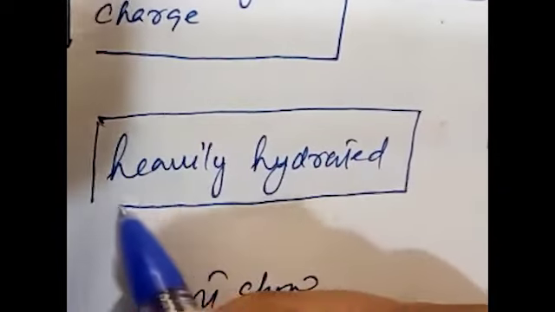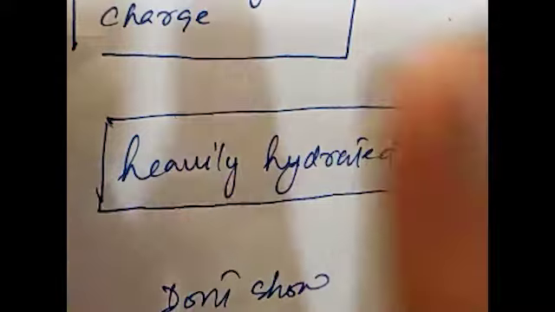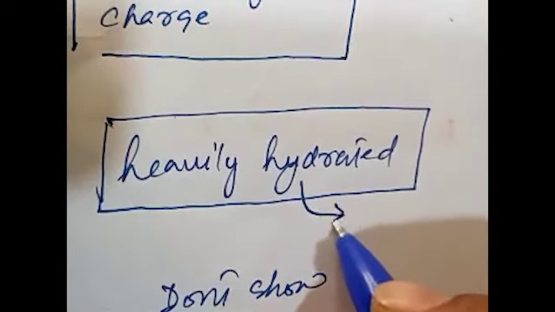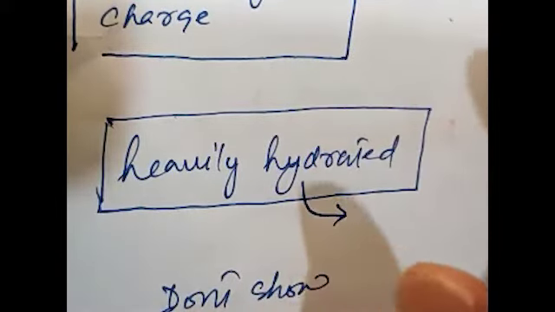When a molecule is said to be stable, suppose something is very stable, it means it has a lot of hydration, because when something becomes hydrated, hydration energy is released and that makes the compound more stable.